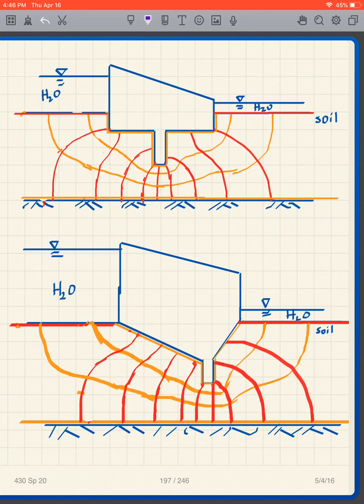Here is a flow line right here. It goes underneath here. Here's another flow line here. Then there's an extreme flow line at this end and an extreme flow line at this end. What does that mean? It means a particle of water that starts here is going to follow this path. If I follow a particle of water here, it's going to follow that path. And amazingly, it does pretty closely.